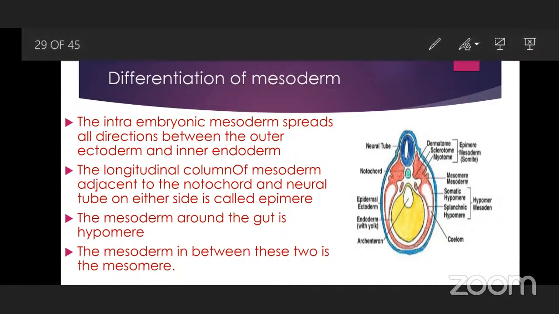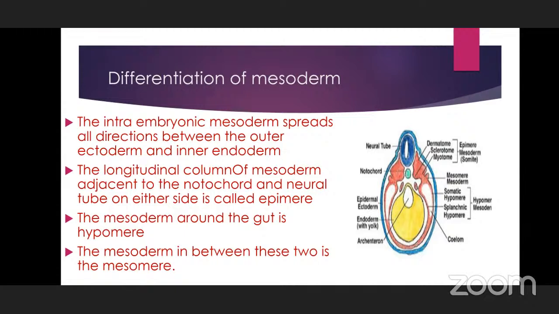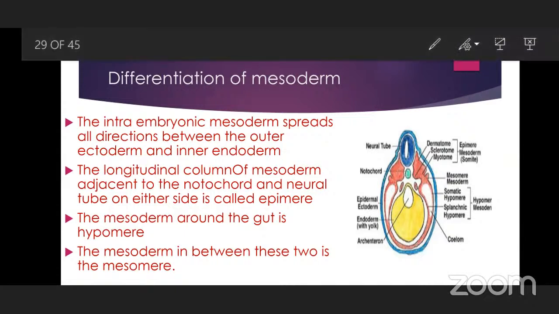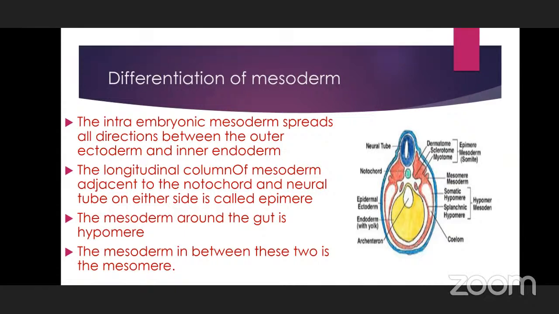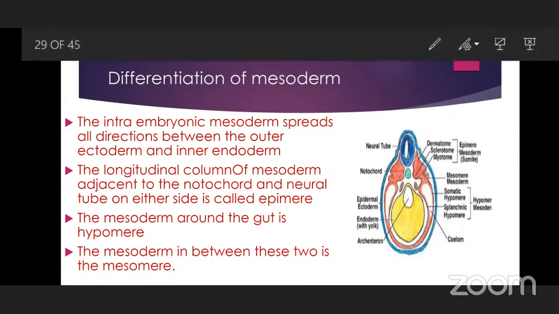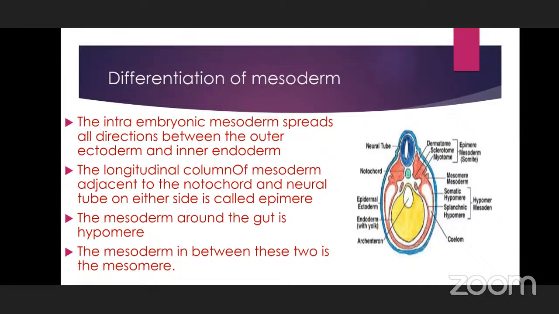So I'll just give a brief intro about this again. The differentiation of mesoderm. The mesoderm, what structures it is going to give is given here. The intraembryonic mesoderm spreads in all directions between the outer ectoderm and the inner endoderm.